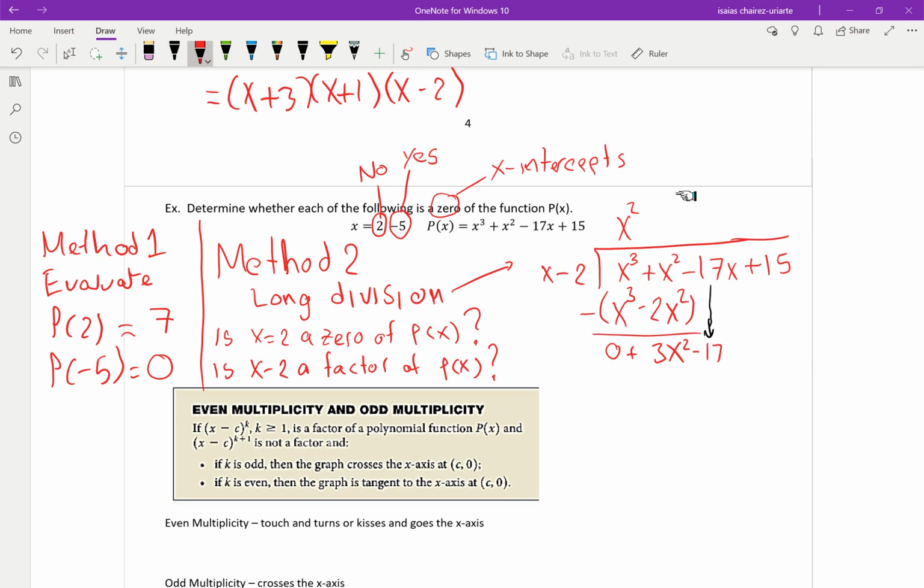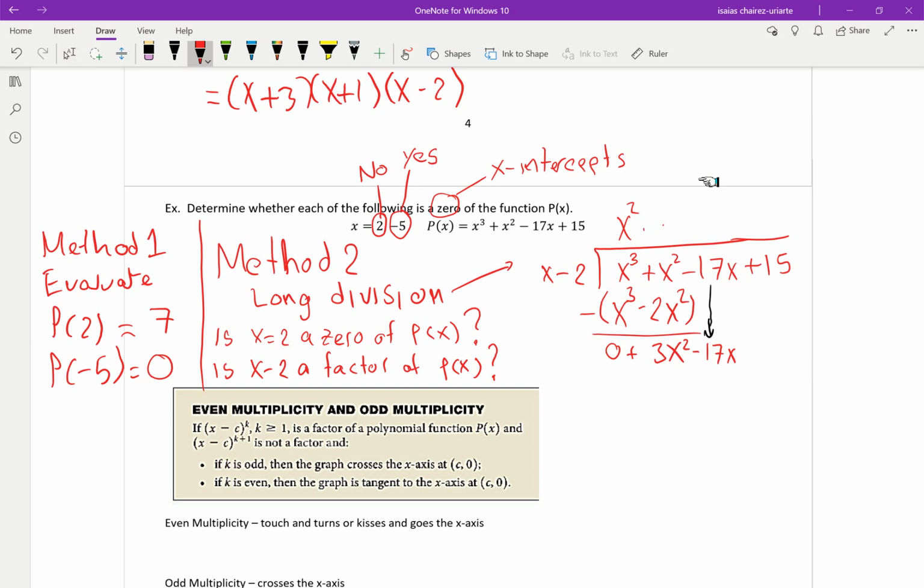Okay, and now I have to continue forming my quotient. So now something times x should give me 3x squared. And I think that something should be 3x. All right, so let me write down 3x up here.